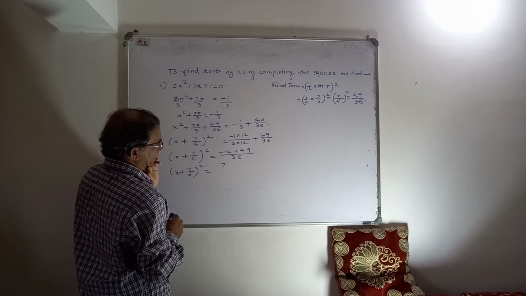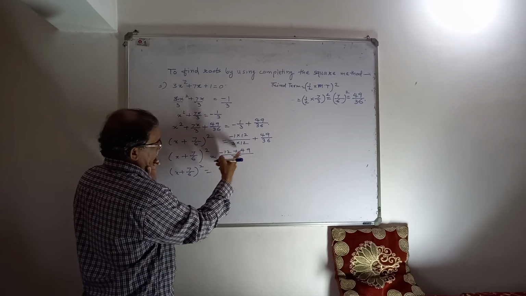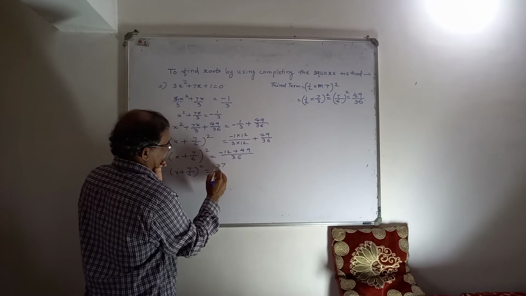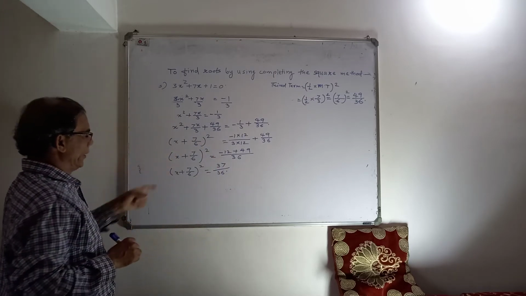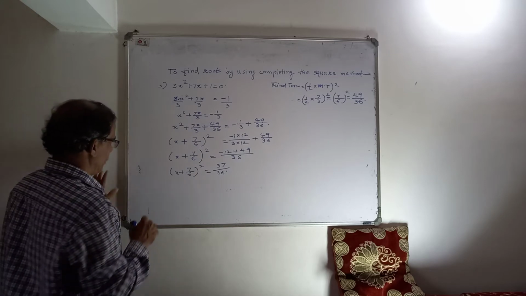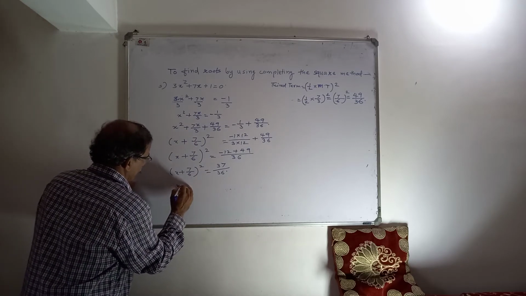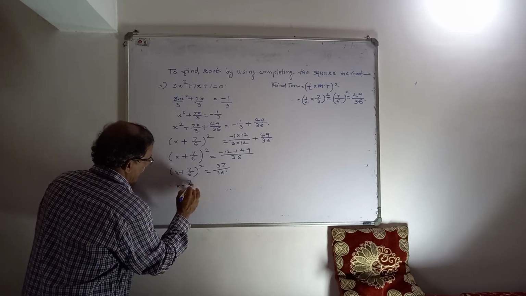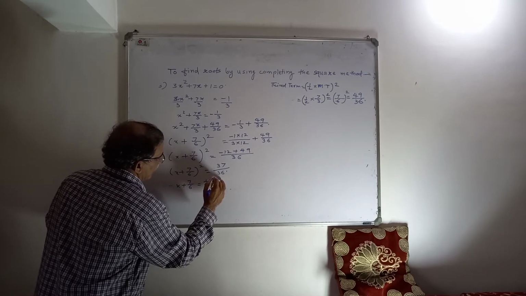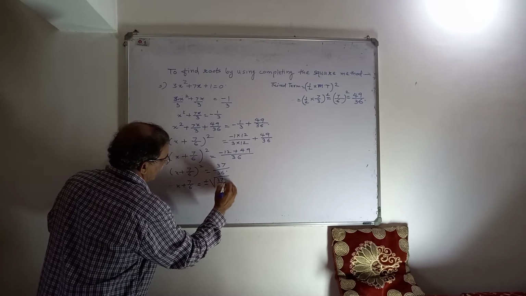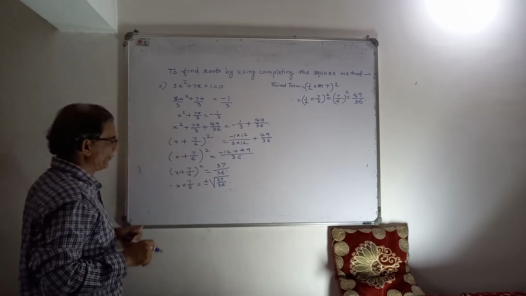It is 37, whole upon 36. And now we can remove the square, apply square root. And therefore, x plus 7 upon 6 is equal to plus or minus root of 37 upon 36.